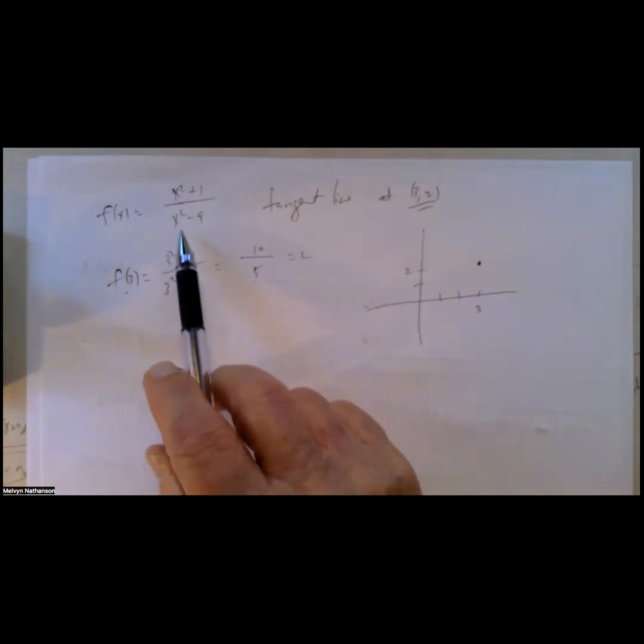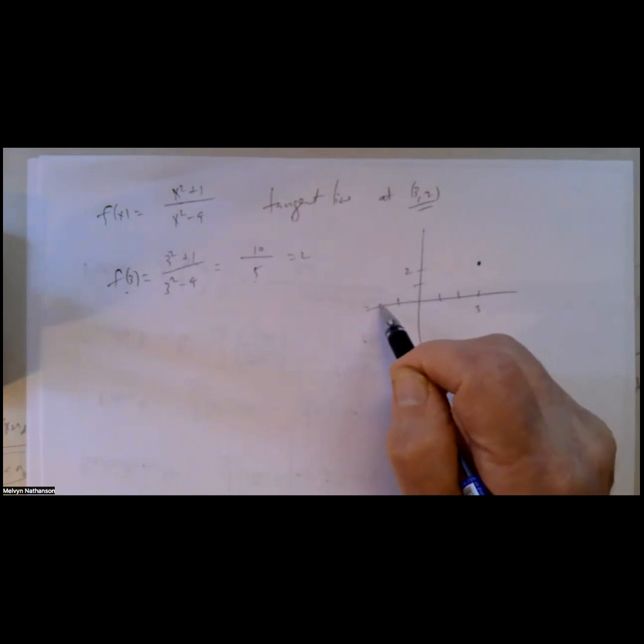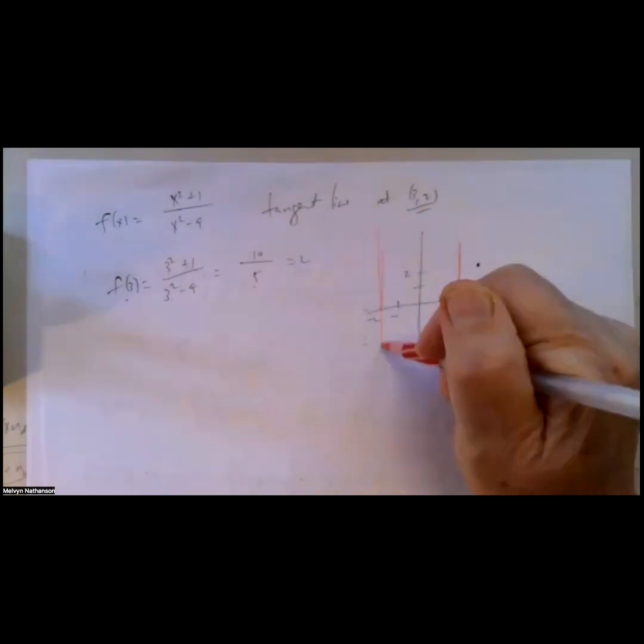In fact, I'll do this in a moment with Maple, but just to see how to try to sketch this by hand. If you look at this function, the denominator is 0 at 2 and minus 2. So that means that this function has vertical asymptotes at 2 and minus 2.